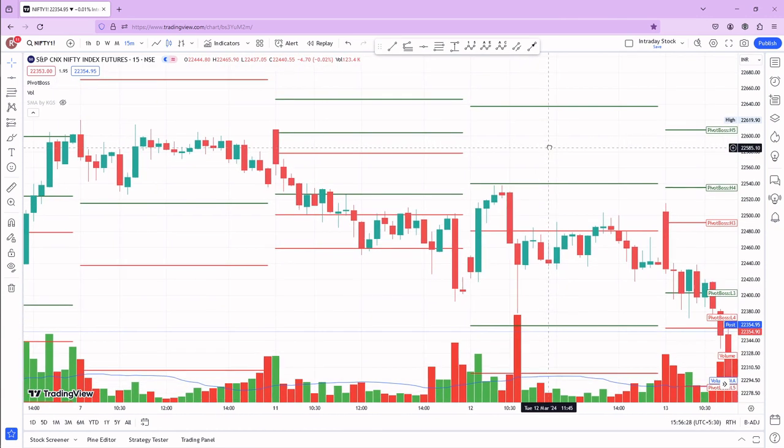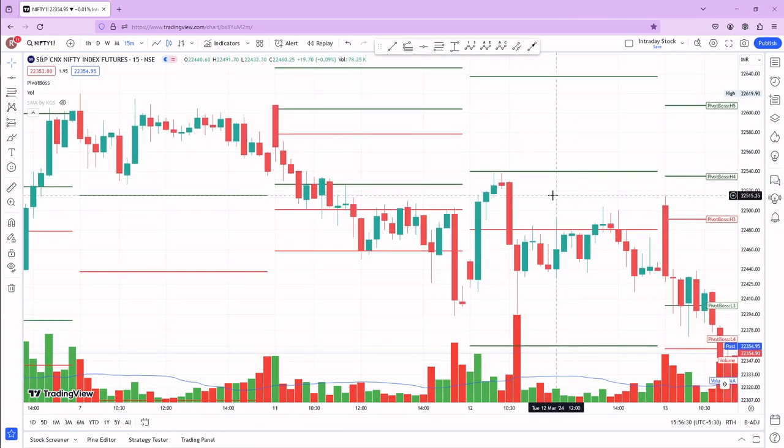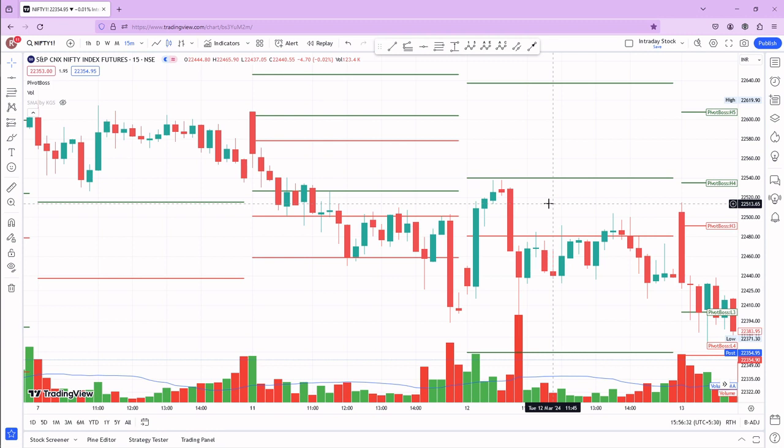Clear? And there will be a question: you have told that L3 can be a support nature and L4 can be a breakdown nature, but you are telling that you can go short below this point itself and you are not waiting for a break below L4.